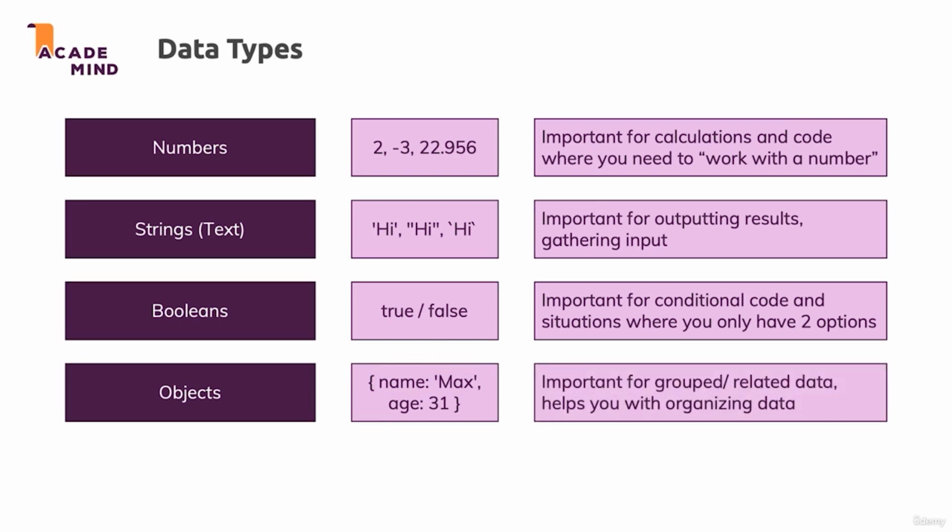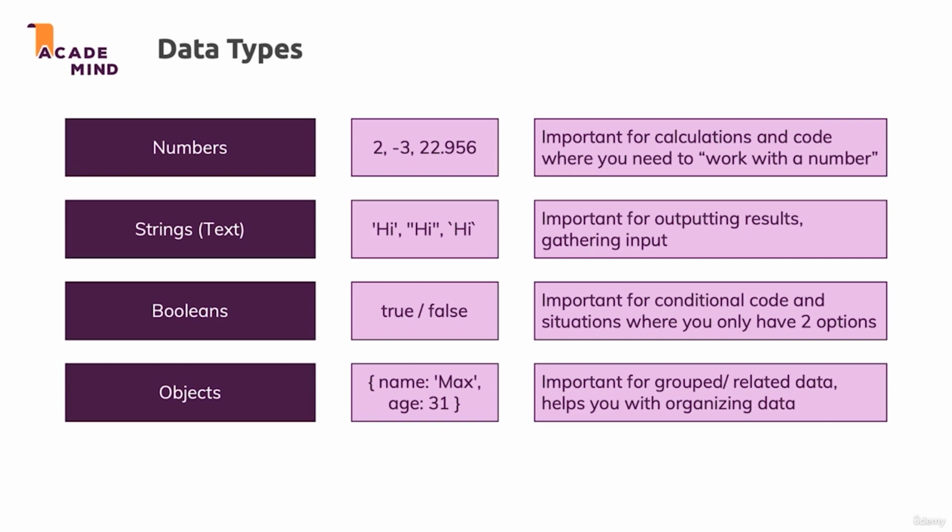Now, as I said, you use it for grouping or relating data. Let's say you have a little program where you work with persons, where you have user data that you kind of need in your JavaScript code. Now each user might have a name and an age.